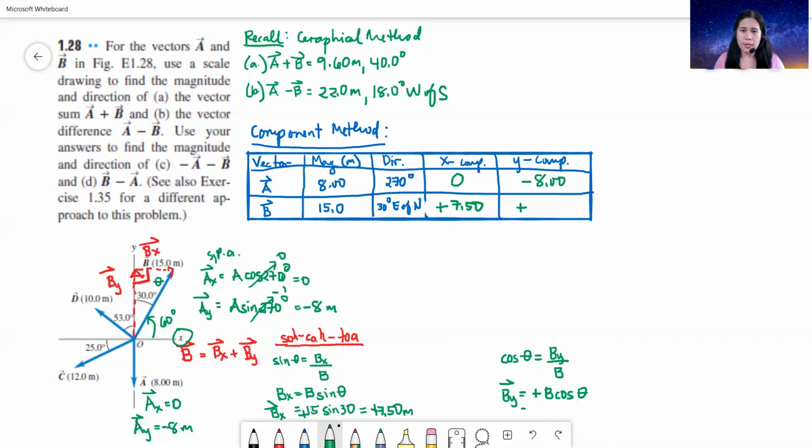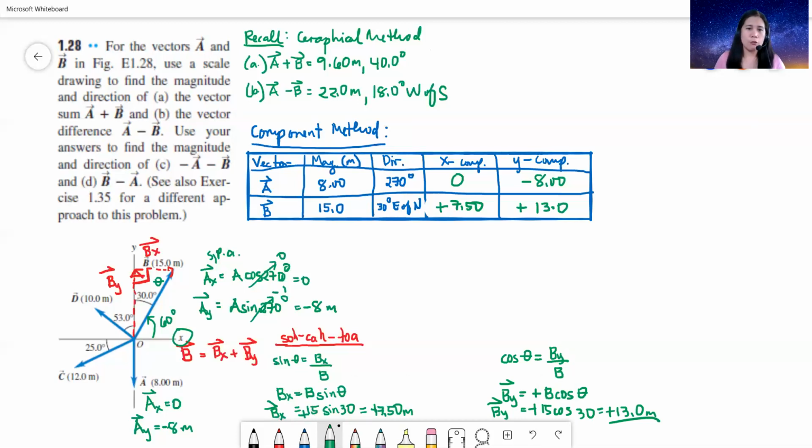Yan. So we have here positive 15 times the cosine of 30. Our y component of B is given as positive 13.0 meters. So lalagay ko dito sa taas 13.0.